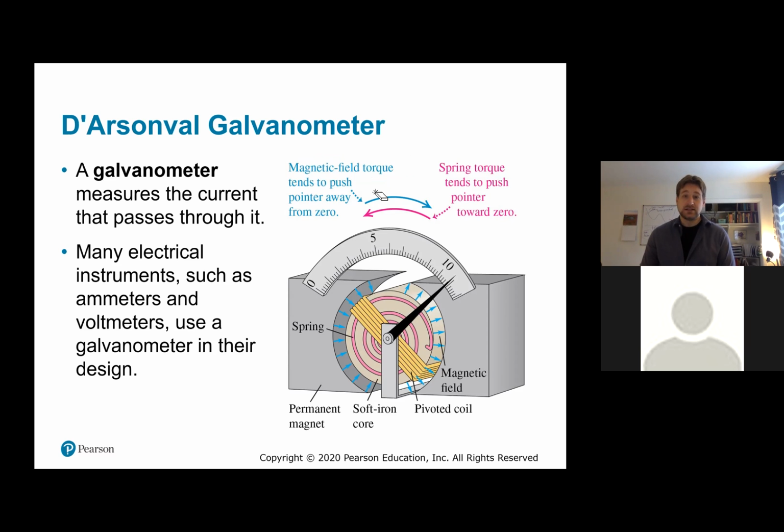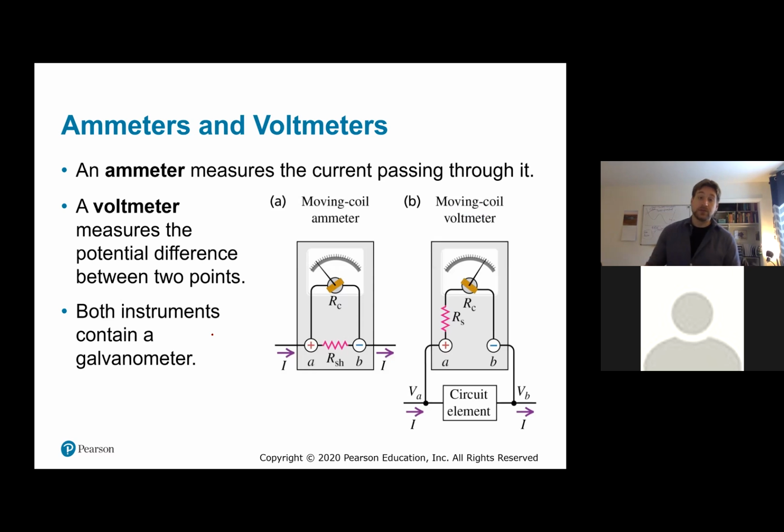Just know that the greater the thing we are measuring, the more the deflection from zero against a spring, which tends to push it back. This is called a galvanometer, and we could use them to make either an ammeter or a voltmeter.